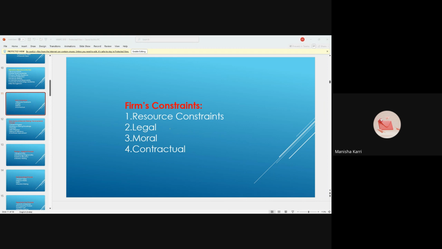All these constraints restrict decision making. So what are those, generally?